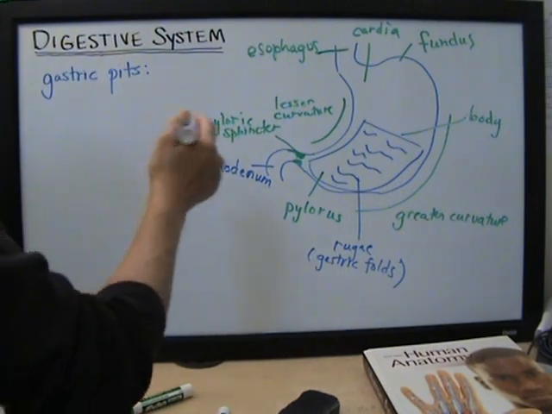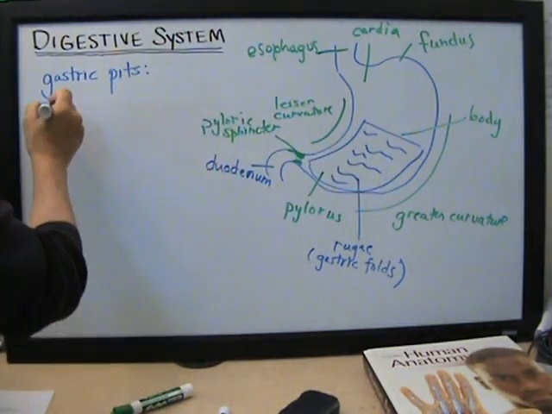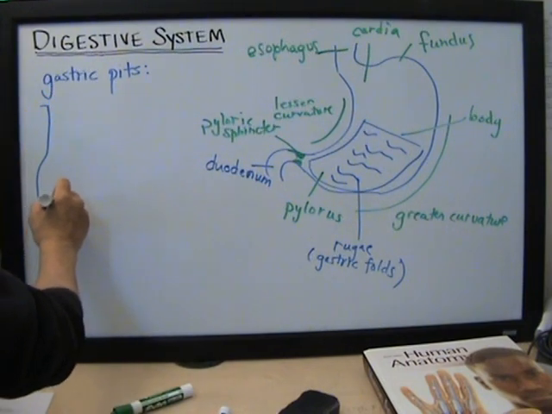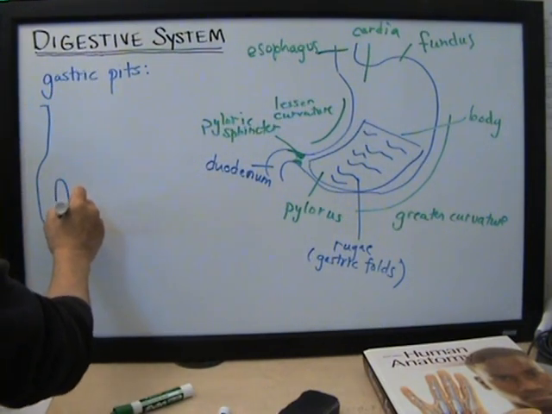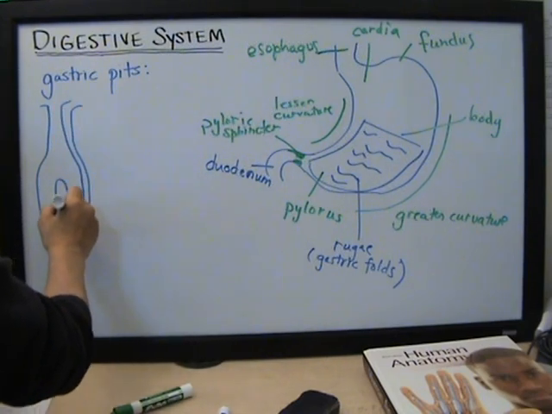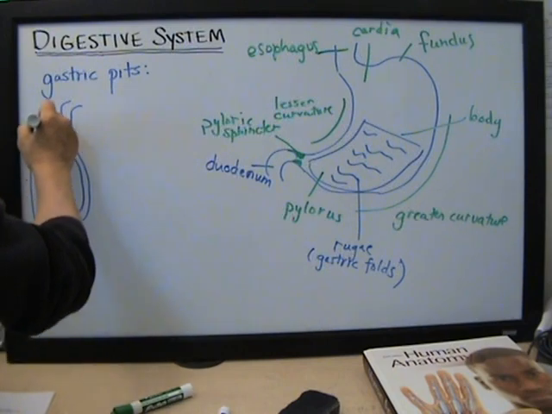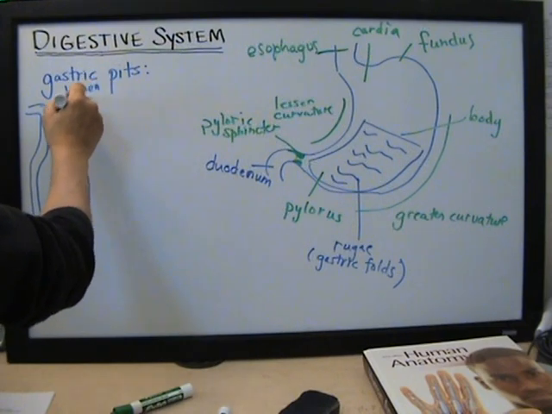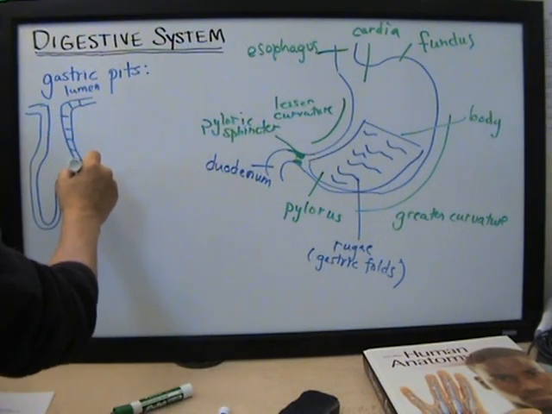And so if we were to take a look at the wall, part of the epithelium dips down to form glands. Here's the wall of the stomach. So here's the lumen of the stomach. And then we have our cells.